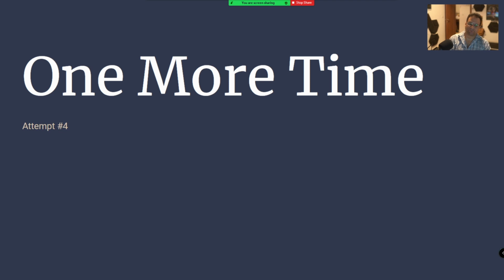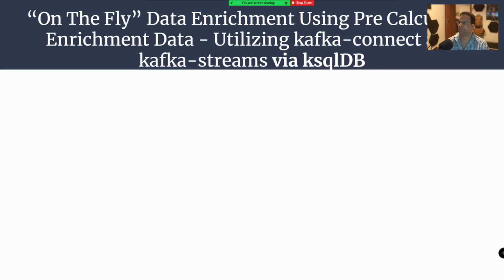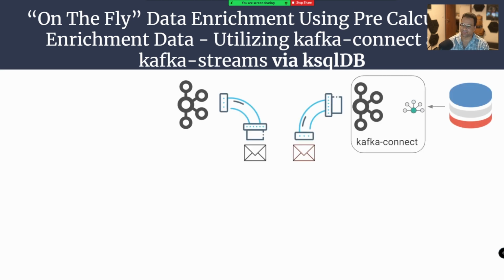So let's look at attempt number 4: on the fly data enrichment using pre-calculated enrichment data, utilizing Kafka Connect and Kafka Streams, but this time Kafka Streams is managed by KSQL DB.